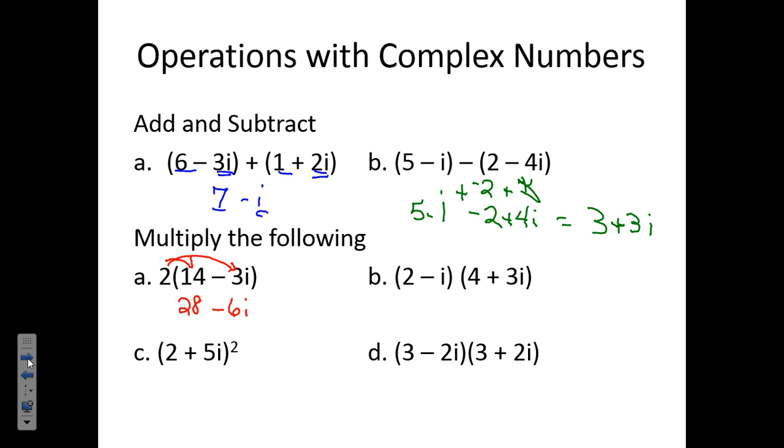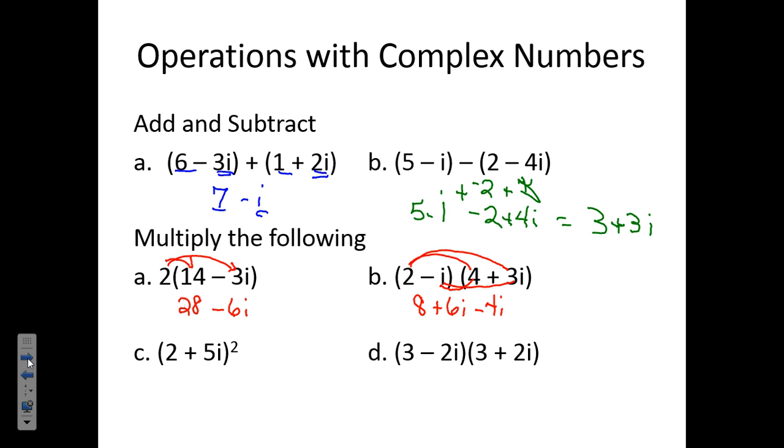When we're multiplying two complex numbers together, what do you think we need to do? FOIL it out. 2 times 4. 2 times 3i. Negative i times 4. And negative i times a positive 3i.